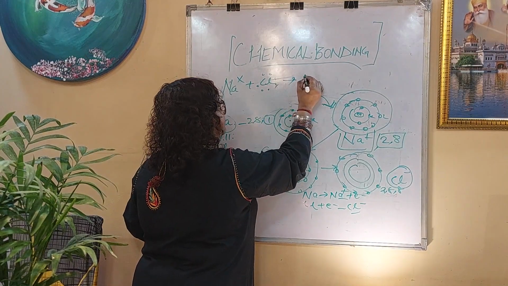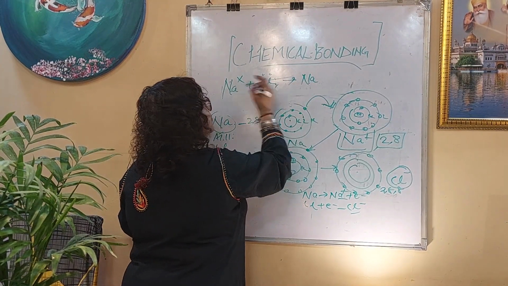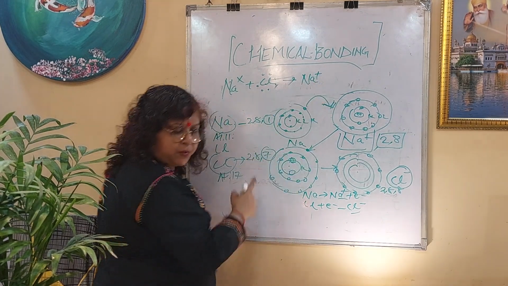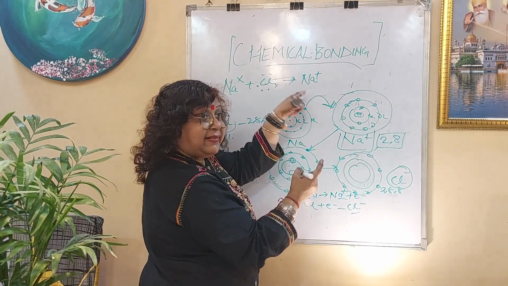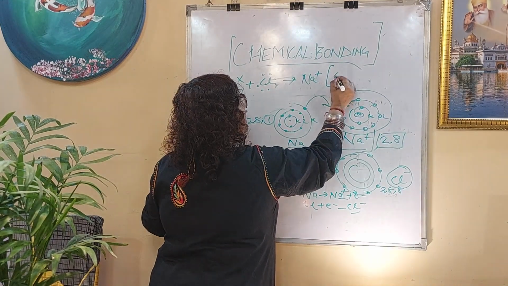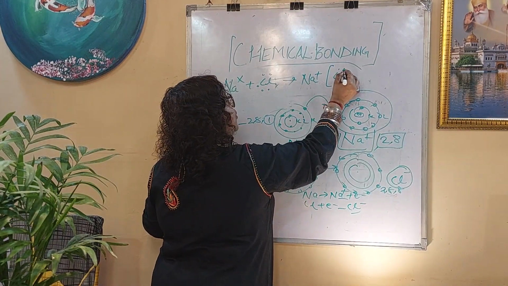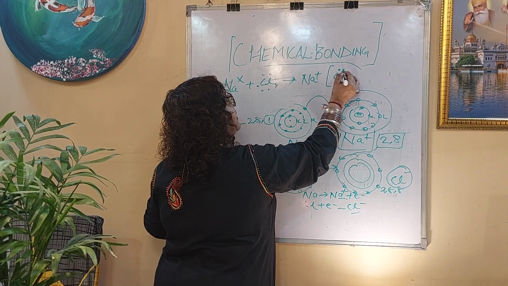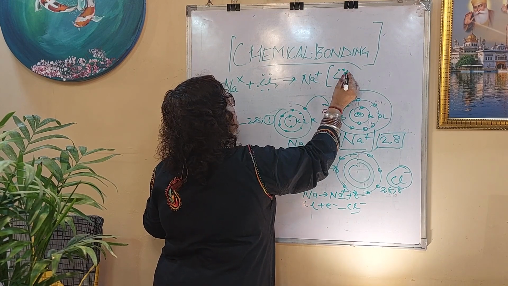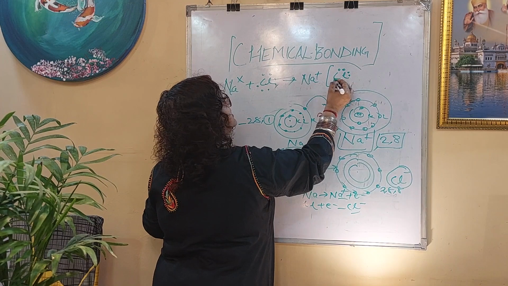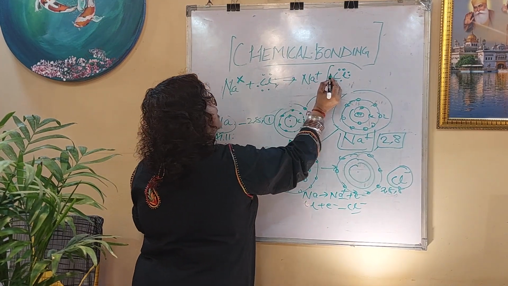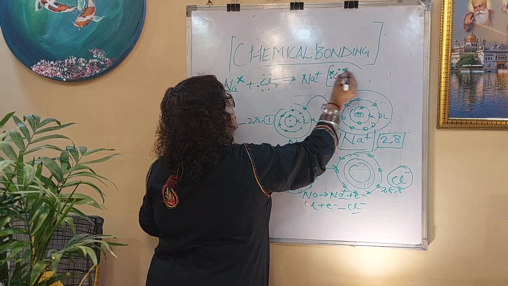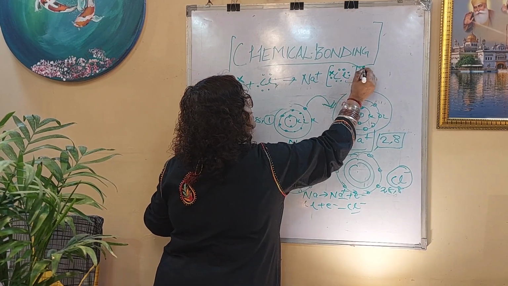What will it form? Na is losing one electron, Na plus, and Cl will take this extra electron. So Cl has dots, 1, 2, I make big dots, 1, 2, 3, 4, 5, 6, and one extra dot, the 7th. And this cross is the extra electron, and it becomes negative.